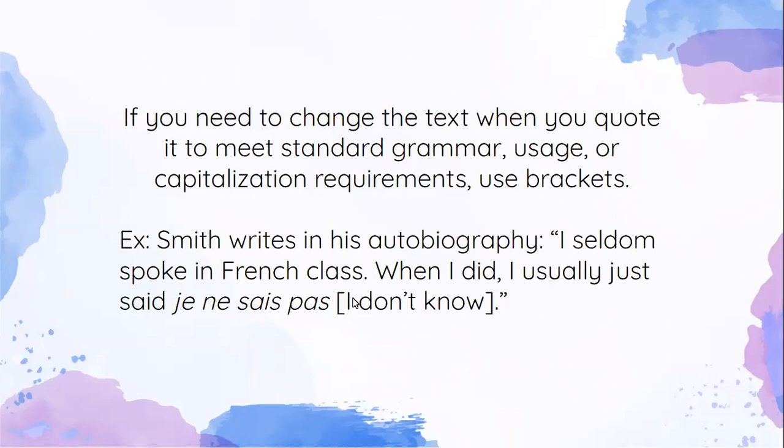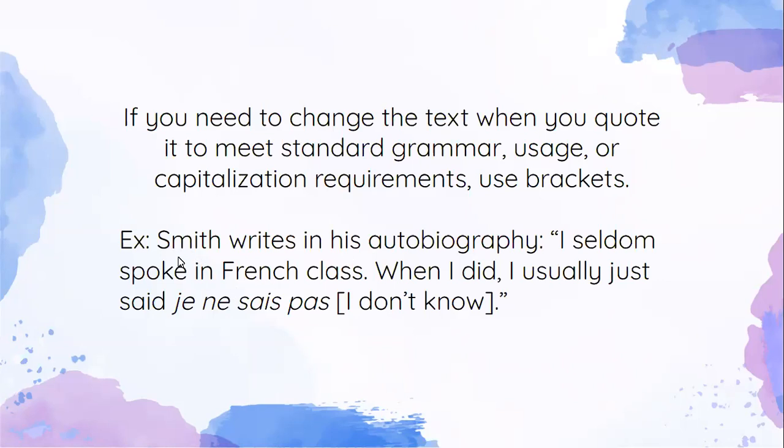Brackets are used more often for capitalization requirements. So if you find a quote and the first word is capitalized, but you don't want it to be capitalized because it doesn't fit within your own sentence, then you can change it.